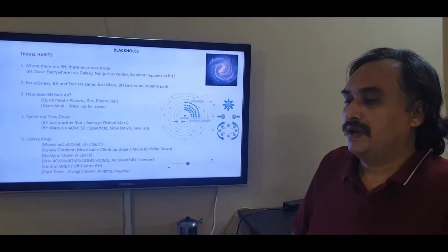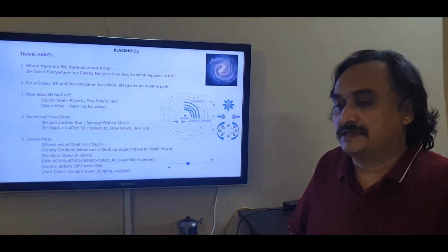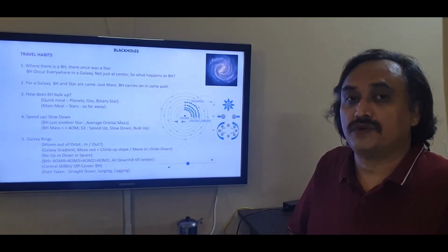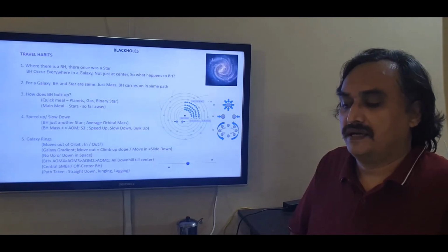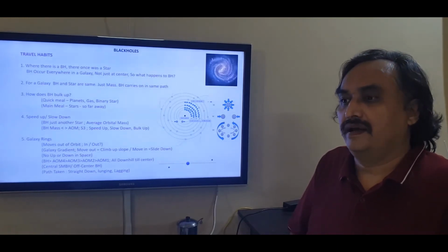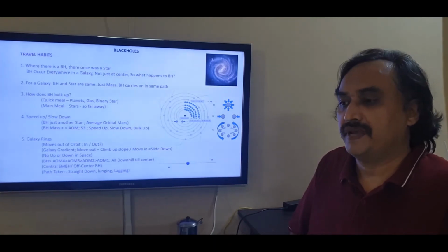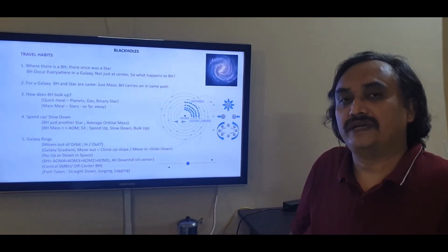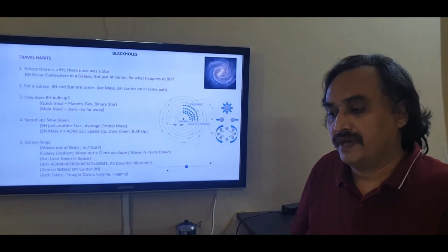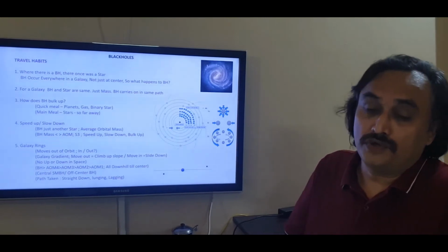Especially when it turns into a black hole, the immediate meal that it has is possibly the planets near it or its own planetary system, the gas around it, at the max a companion star or a binary star. Apart from that, the closest meal that it has is many light years away. The closest that the Sun has as a star is Alpha Centauri, around 4 light years away.